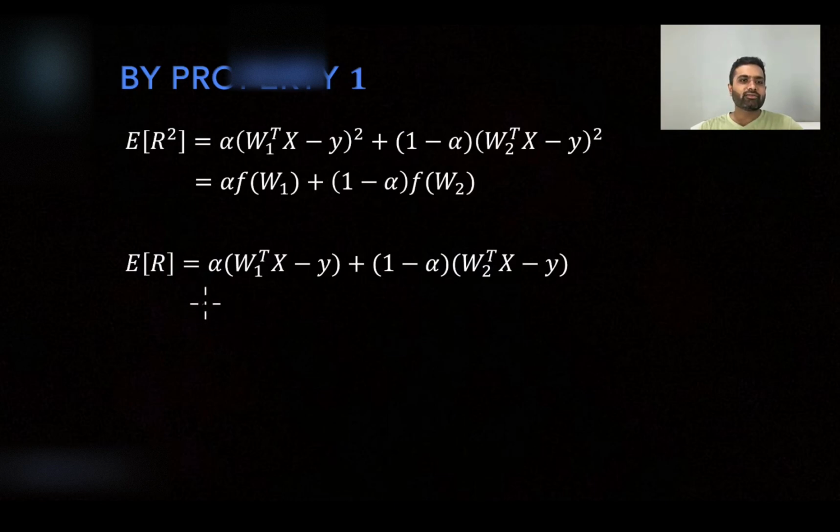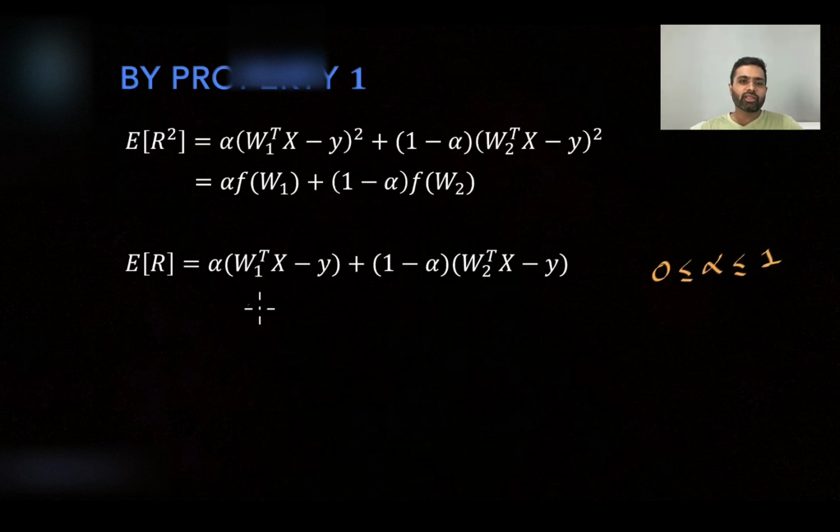Now let's consider the expectation of r. For the expectation of r, you just consider the values taken by r, not r square. So r is taking w1 transpose x minus y with probability alpha, and w2 transpose x minus y with probability 1 minus alpha. You have to be clear that alpha is a probability, so 0 is less than or equal to alpha, which is less than or equal to 1.